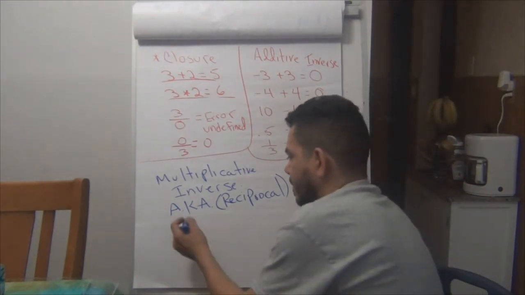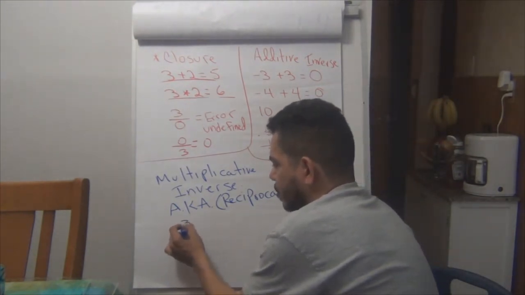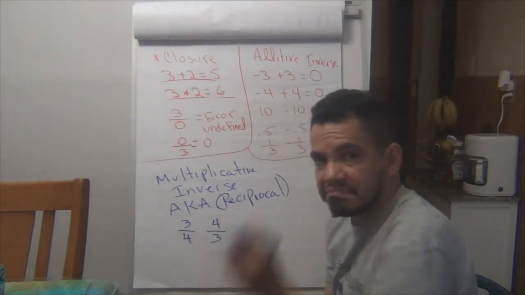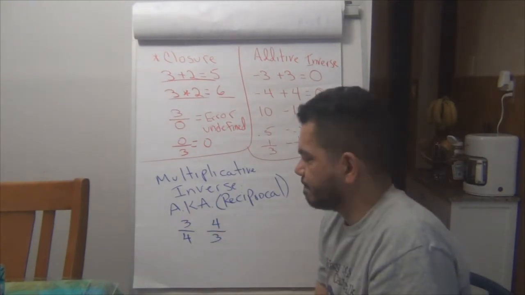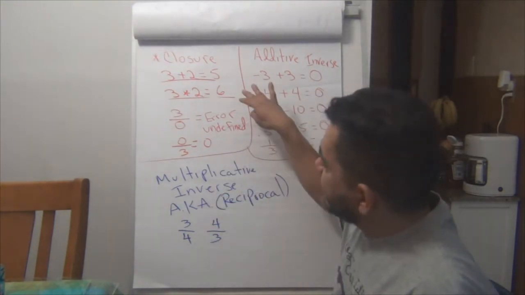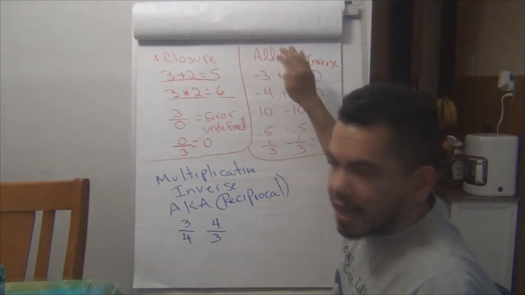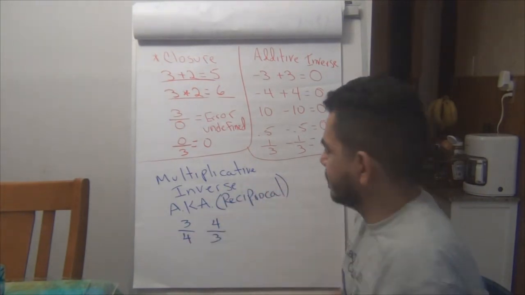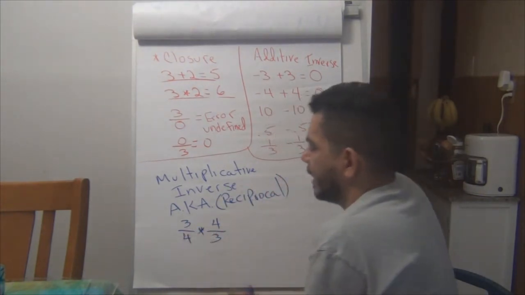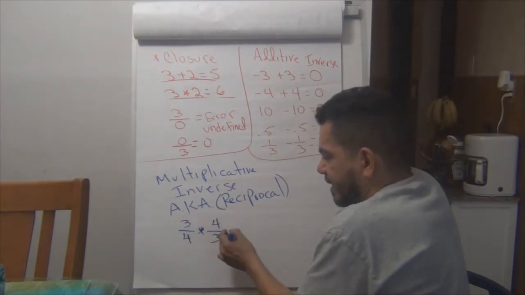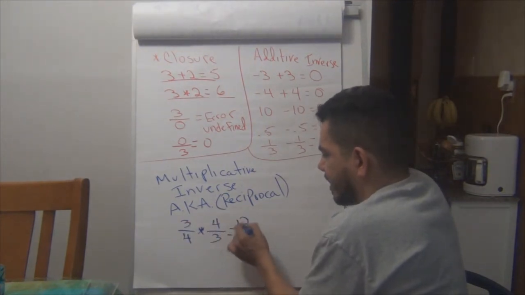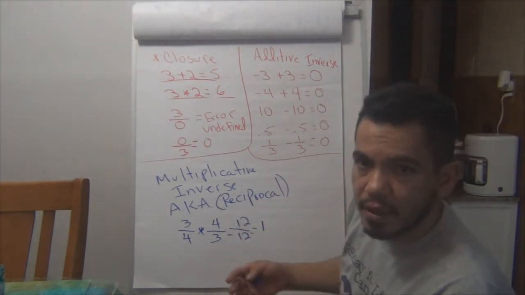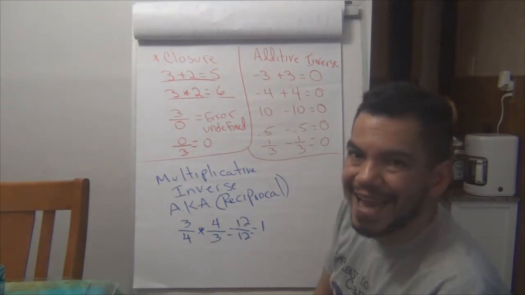For example, the reciprocal of 3 over 4 is 4 over 3. Flip the fraction. The same way the additive inverse works with the results is the same thing for the multiplicative inverse, or reciprocal. Look. If you multiply these, you're going to get 12 over 12, which is 1, because 12 divided by 12 is 1. And 1, we know, is the identity element of multiplication.